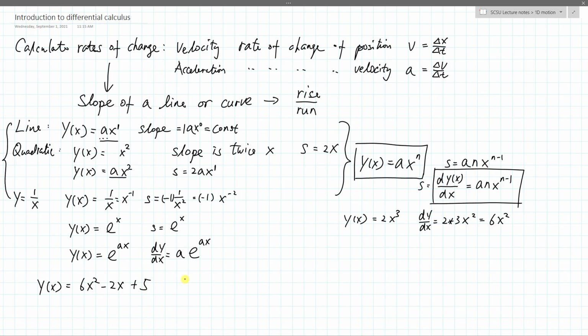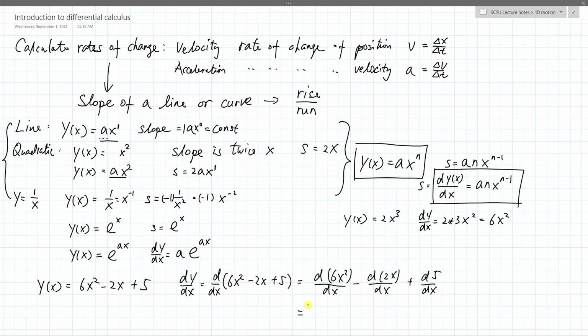So if you do dy over dx, that's actually d over dx, that operator taking the derivative of a function with respect to x, 6x squared minus 2x plus 5. And you can expand that into 6x squared, taking the derivative, separately minus the 2x, taking derivative, and plus the 5 taking derivative.